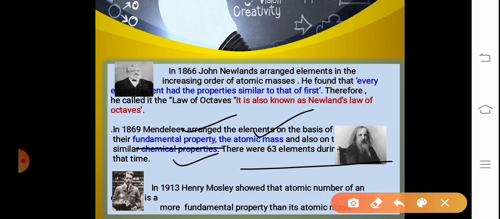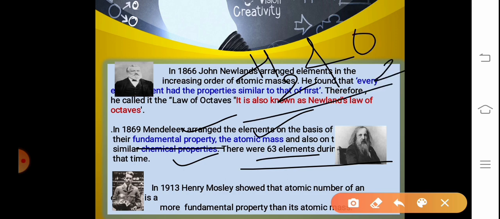For example, there were so many elements, right? There were almost 63 elements by the time Mendeleev started to arrange the elements in the periodic table. All these 63 elements were arranged on the basis of their chemical properties. He reacted each and every element with hydrogen and oxygen, because chemical equations were very familiar during that time. So Mendeleev arranged the elements on chemical properties.